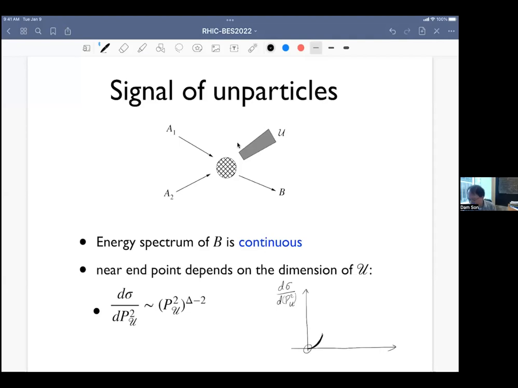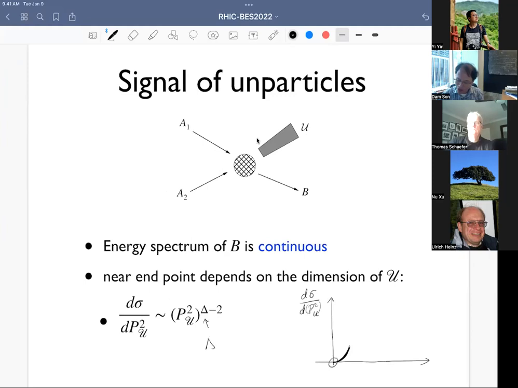So that is the prediction of Georgi, that near the kinematic endpoint, the cross section of this process has a certain power law behavior, and the power depends on the dimension of this operator U. Delta is equal to the dimension of the operator U.